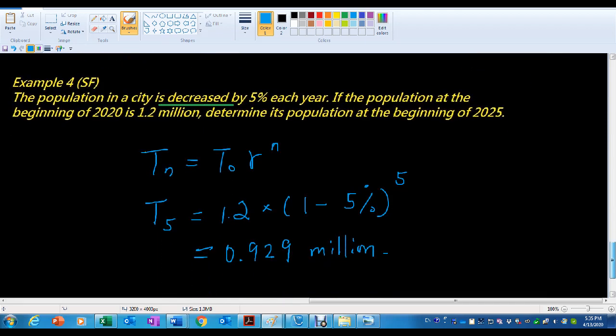In this case, just like exponential growth, but the common ratio becomes less than 1. And how could you get that common ratio? You use 1 take away the decay percentage. All right, so that would be the case.